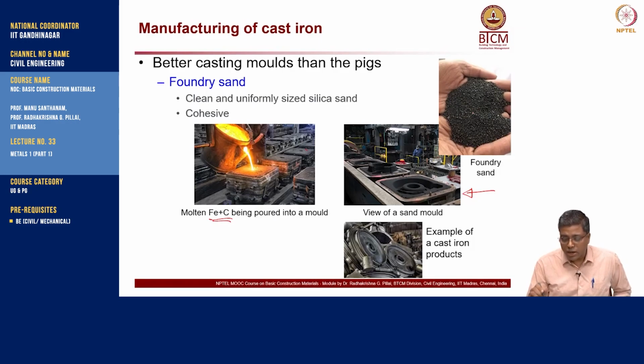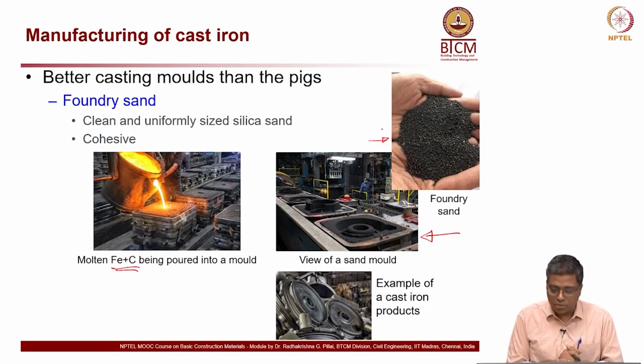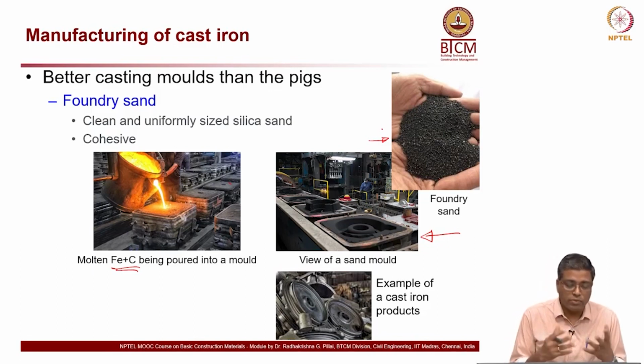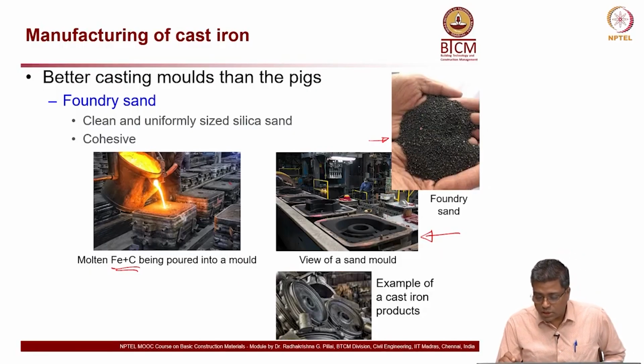So, also another important property of this foundry sand is it should be cohesive in nature. In other words, it should hold together and then form that shape or complex shape whatever is required once it is molded into that shape. It should not just fall off. So, you need very high cohesiveness also. Okay. So, mechanical interlock plus cohesiveness plays a role, and then it just holds things in place. So, this is typically how the foundry sand looks like.